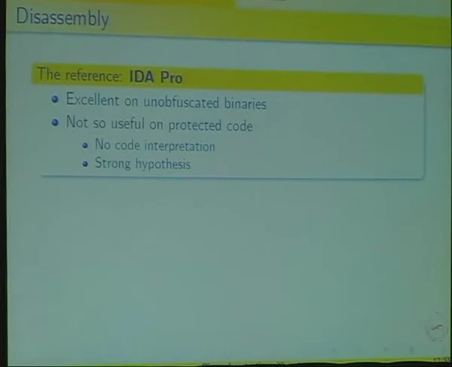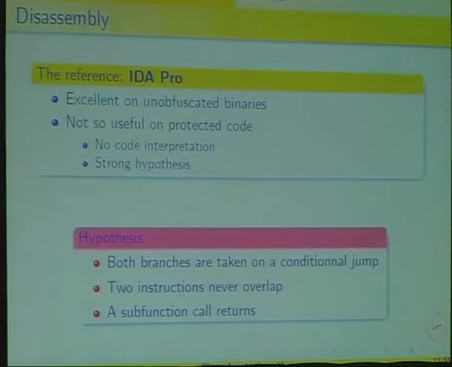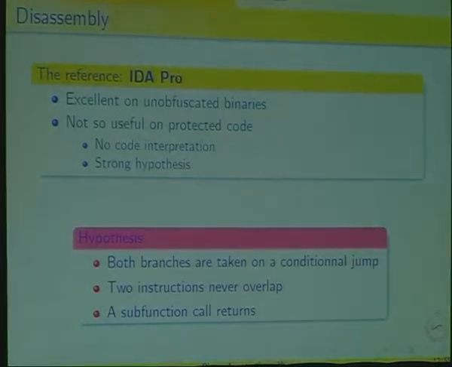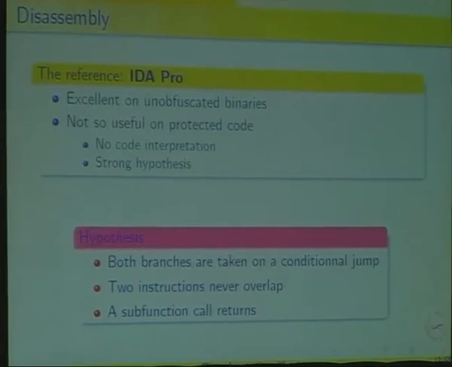It does no code interpretation, and it has some strong hypotheses on the behavior of the binary code. To see some of those hypotheses, when IDA analyzes a program and finds a conditional jump, it will assume by default that both branches are taken.